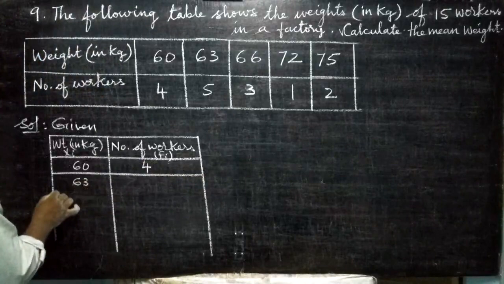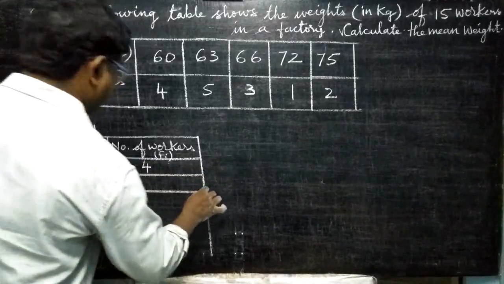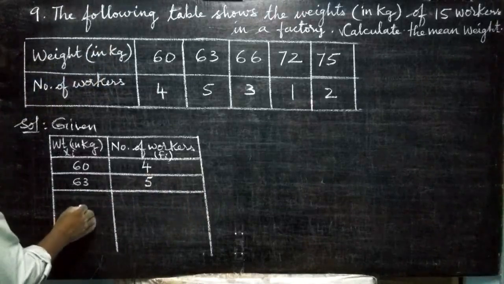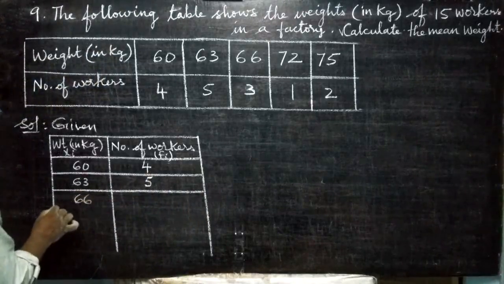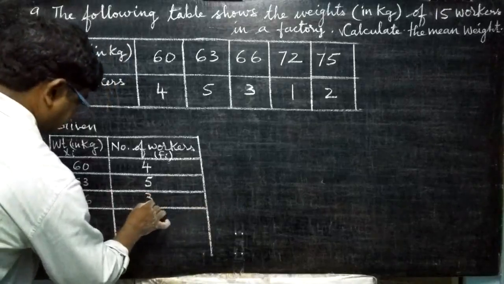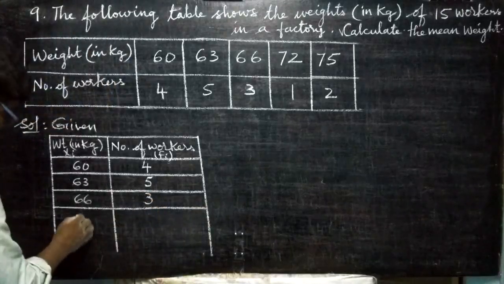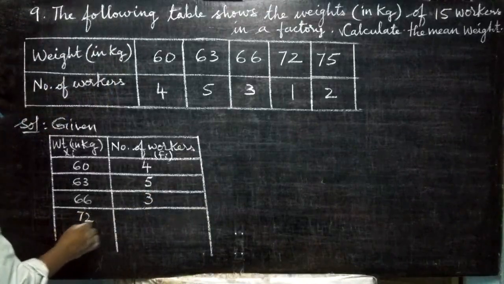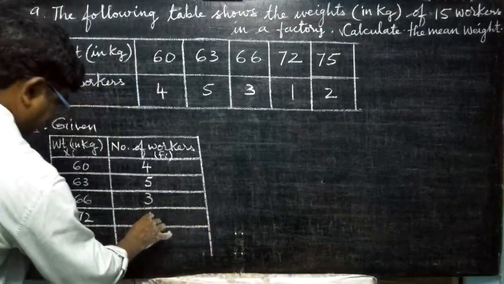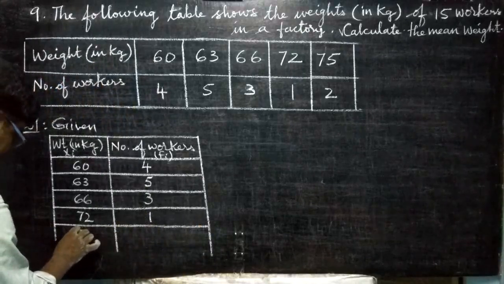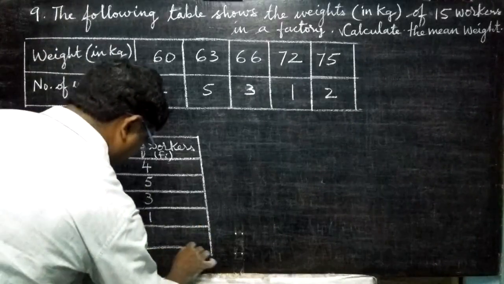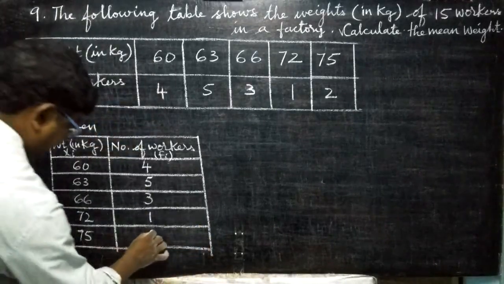63 kgs workers are 5 are there. Next, 66 kgs workers, how many are there? 3 are there. Next, 72 kgs workers, how many are there? 1, only 1. 75 kgs workers, how many are there? 2 are there.